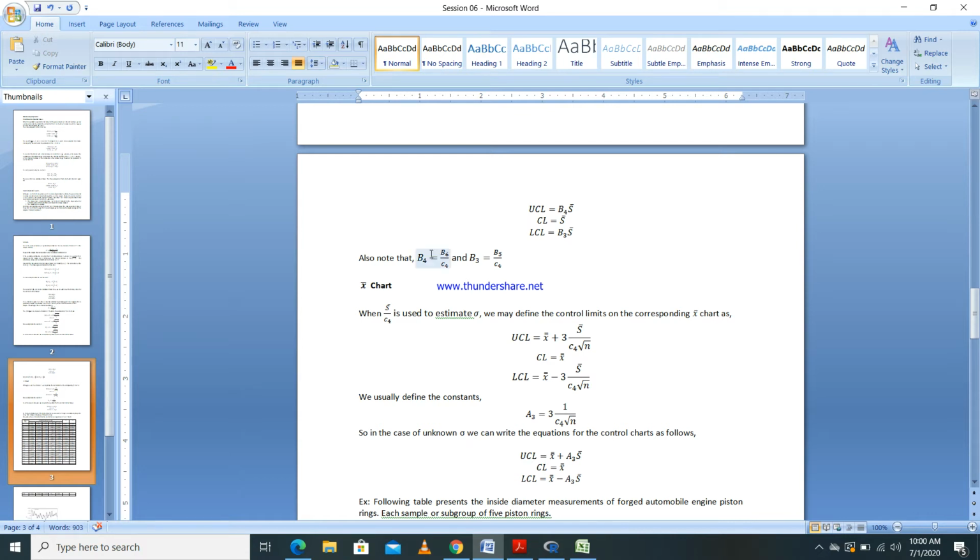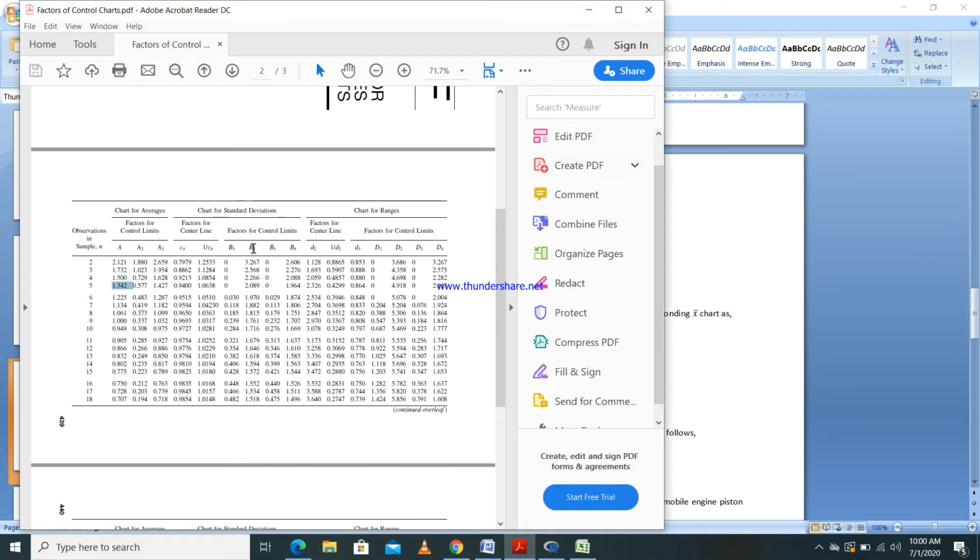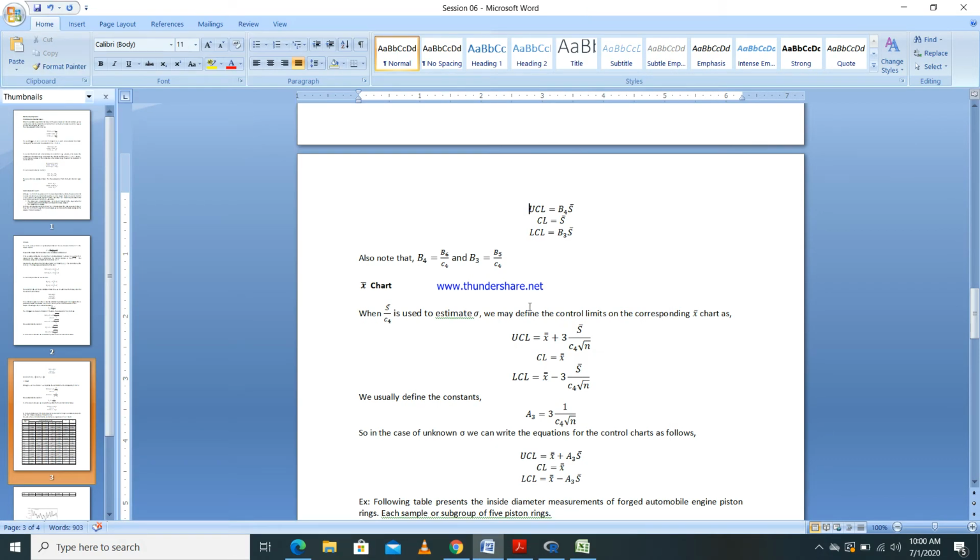Actually these B4 and B3 are equal to B6 over C4 and B5 over C4. If you look at the factor table, you can see the B4 value and the B3 value there. So you can just substitute after finding the mean value of the sample standard deviation, and find the control limits.